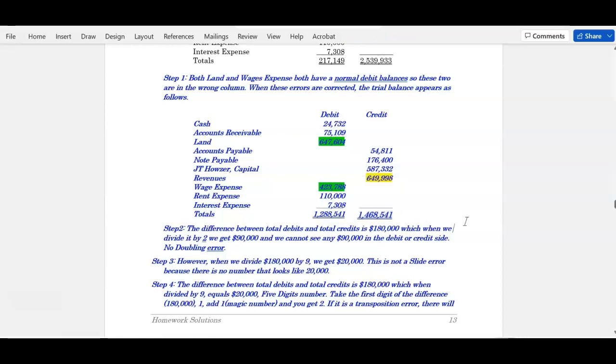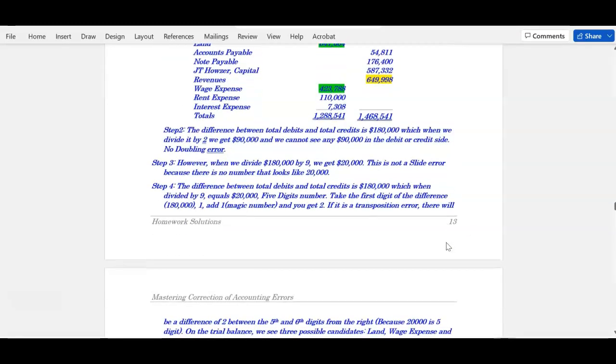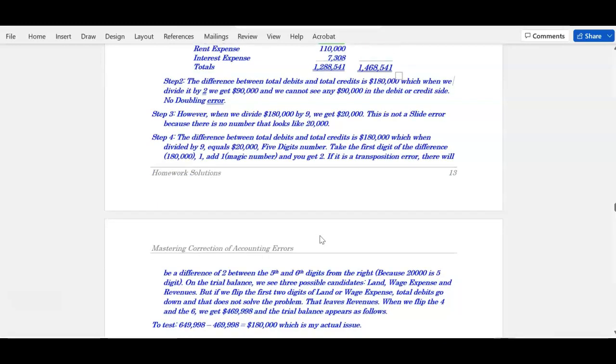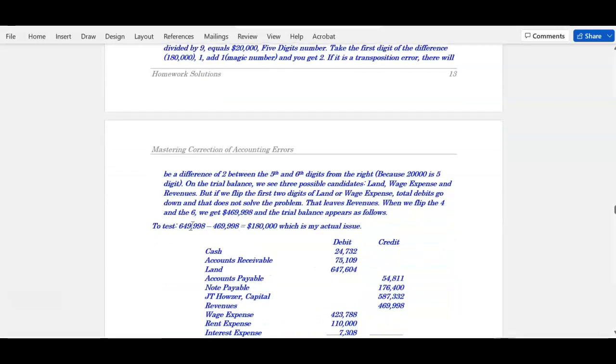So let's check whatever I just said. 649 minus 469. Here is the math. 649,998 minus 469,998 that you believe is the right number. And guess what? Yes, it is. It's $180,000, the actual issue that you are trying to fix.